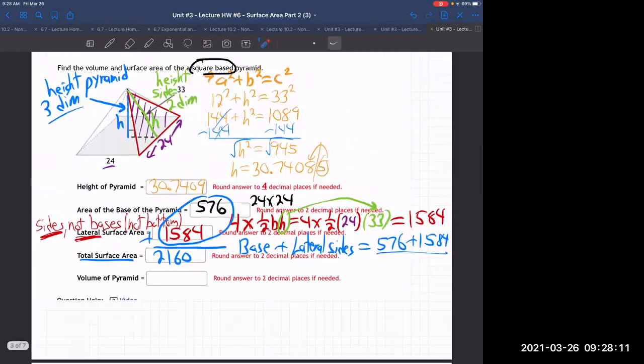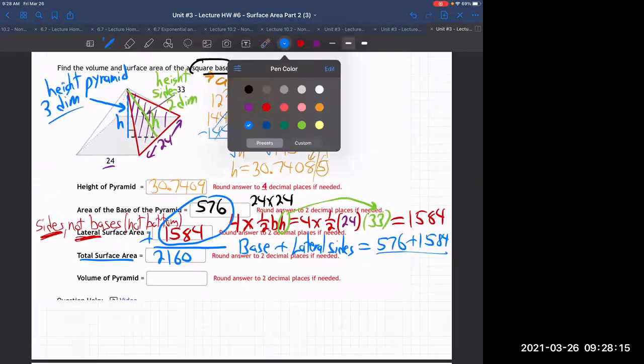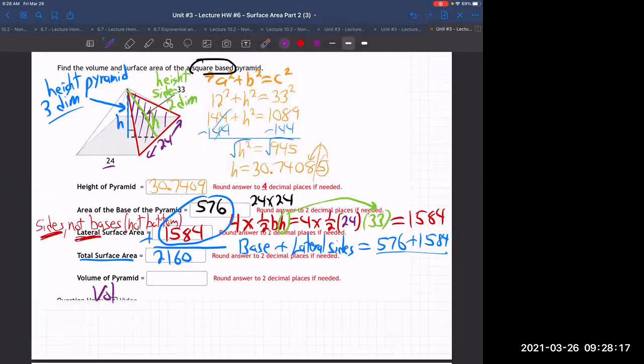So let's go on back. So the volume is 1/3 length, width, height. So that's going to be 1/3. What's the length and the width? Well, 24 and 24, that's the length and the width. They're the same. It's a square base pyramid, length, width. And what is the height?